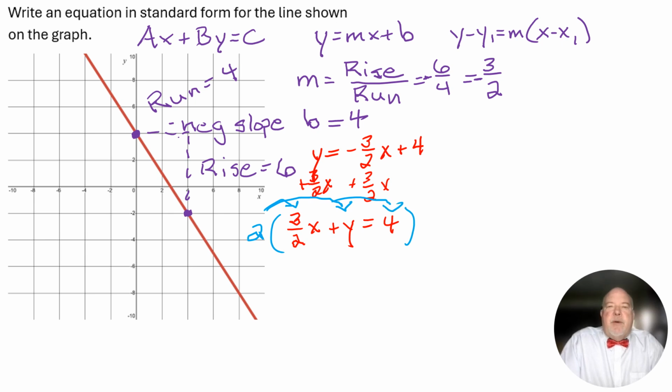That leaves me with 3x plus 2y equals 8. Now, the truth is, I don't know if a standardized test would count the fraction answer as wrong. It might count that as right. But just to be safe, if you end up with a coefficient that's a fraction, you should multiply everything by the denominator and get rid of that.